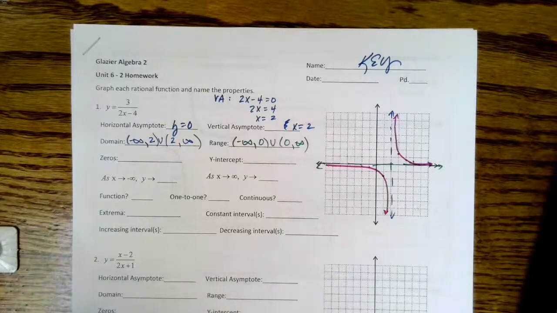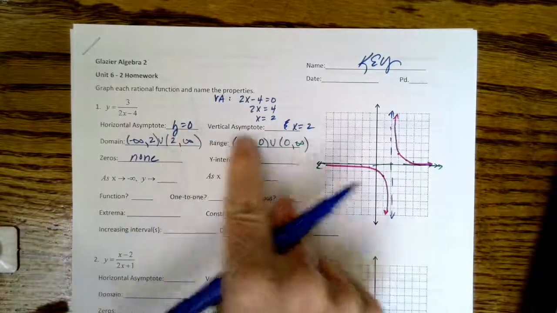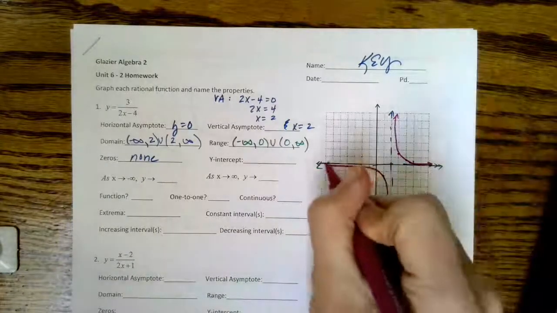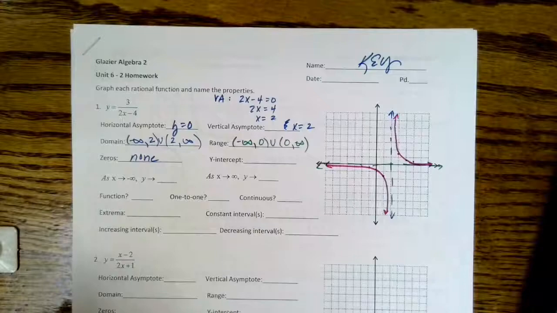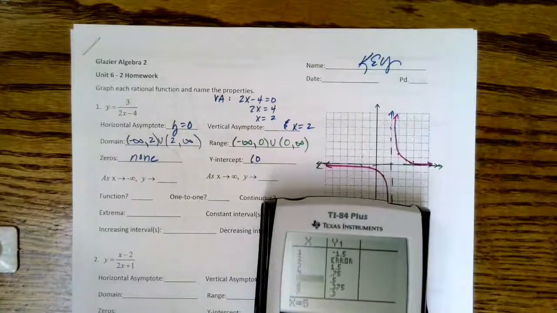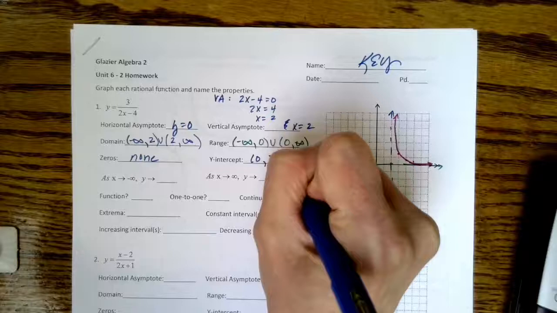My zeros are going to be none because my horizontal asymptote and my graph don't ever cross. And my y-intercept is going to be where I have an input of 0. I can go back to my calculator. An input of 0 gives an output of negative 0.75.